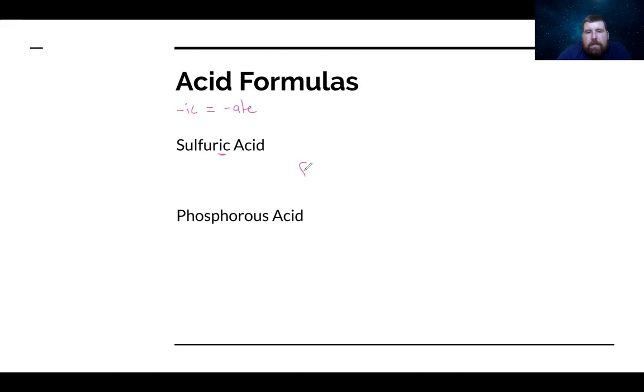This is going to be SO4 2-, and acid tells us it's the hydrogen ion. For every 1 sulfate, it seems that I'm going to need 2 hydrogen ions. So this is going to be H2SO4. Sulfuric acid is probably one of those chemicals that you should memorize anyway. It comes up a whole heck of a lot in this class.